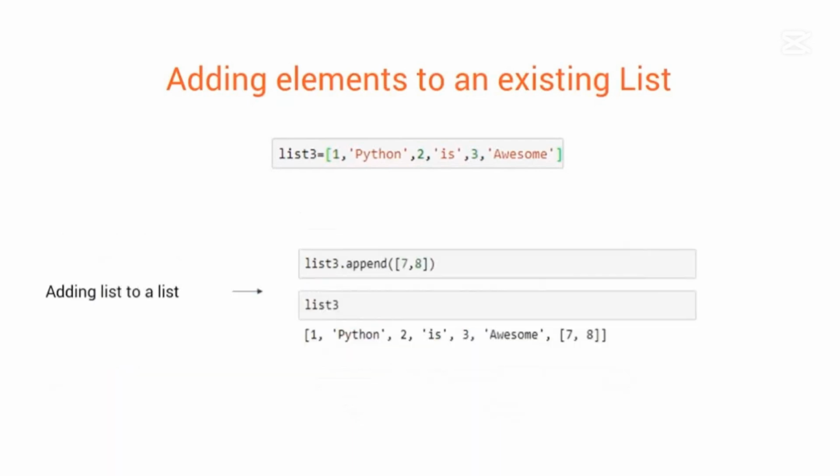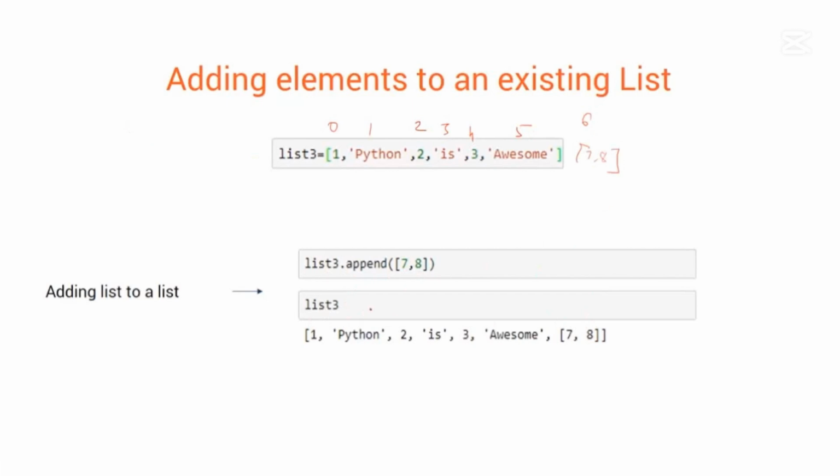You can also add a list to a list. For example, in the append function, if we pass a list, this entire list will be appended to the list as an element. Since 1 is at index 0, Python at 1, similarly 2, 3, 4, 5. When you do list 3 dot append 7 comma 8 in a list and print list 3, this 7 comma 8 resides at the 6th index.